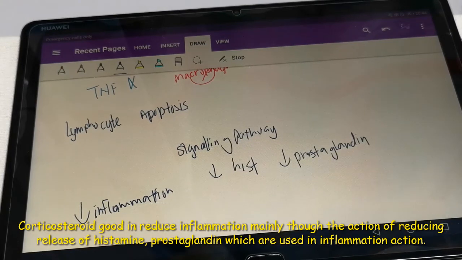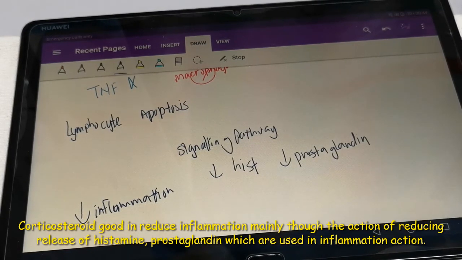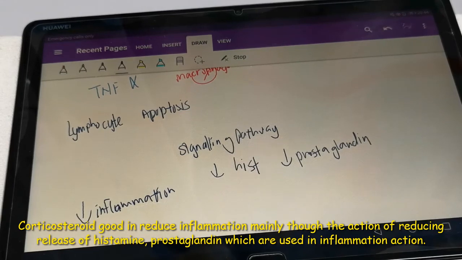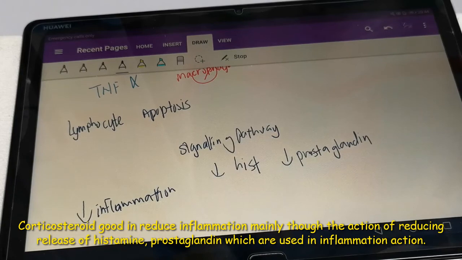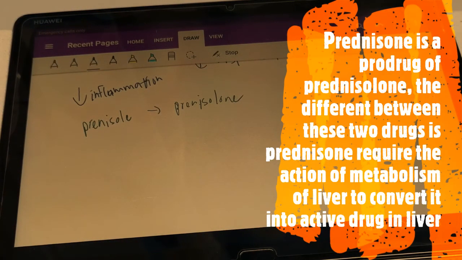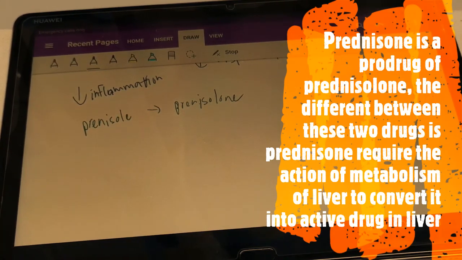Corticosteroids are good at reducing inflammation through the action of reducing histamine and prostaglandin. These two molecules are used in inflammation action. Prednisone is a prodrug of prednisolone. The difference between these two drugs is that prednisone requires the action of liver metabolism to convert it to the active drug.